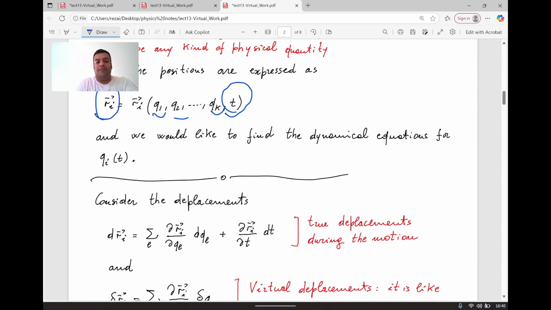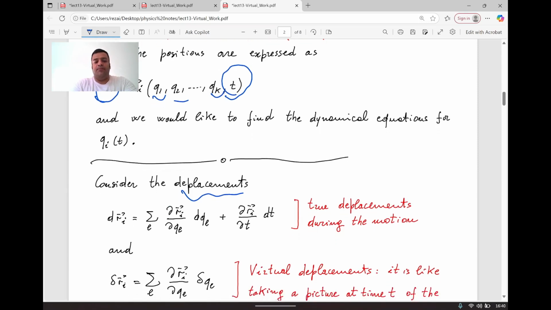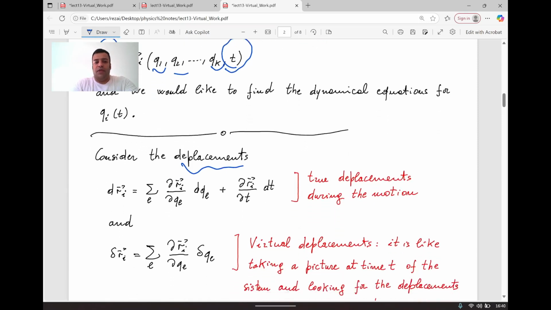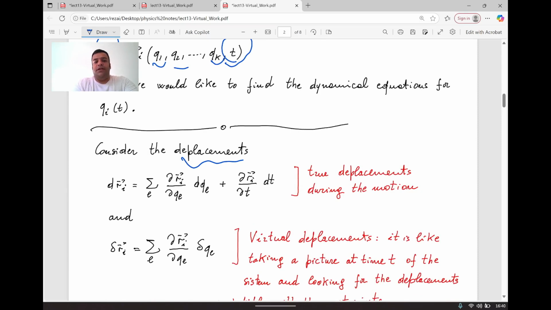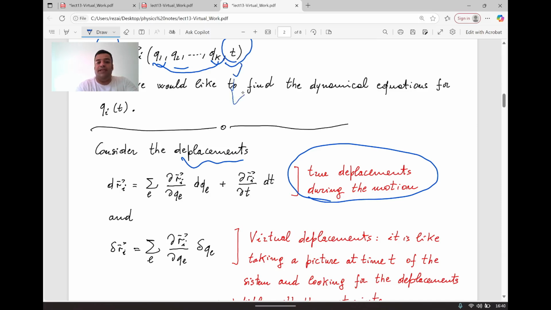You have two types of displacement, the virtual displacement and the actual displacement. What is the difference between them? As I noted, if the actual displacement is dr, the displacement is not only with respect to q but also with respect to t.